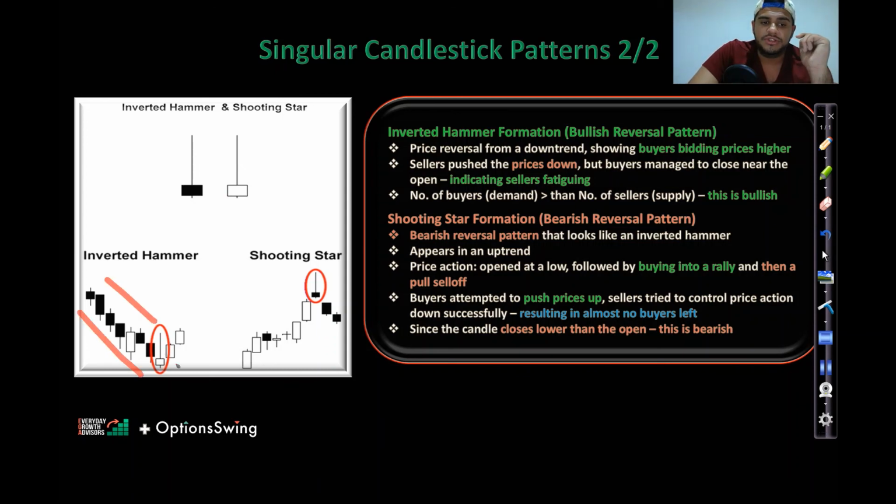And once you see the inverted hammer, it's also a signal similar to the hammer. So basically any hammer kind of position, you're looking at a reversal, and that would mean that this price action is going to reverse up. And how do you know? It's simple, because this will close above.